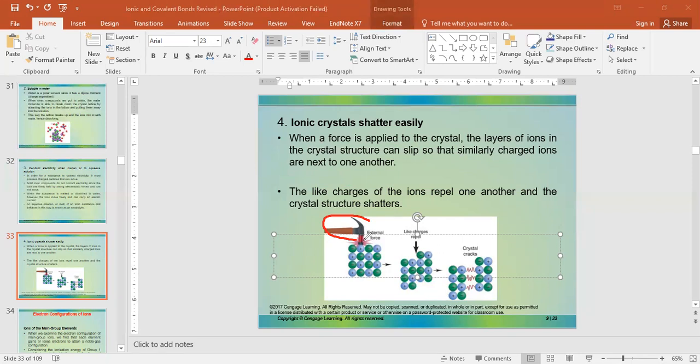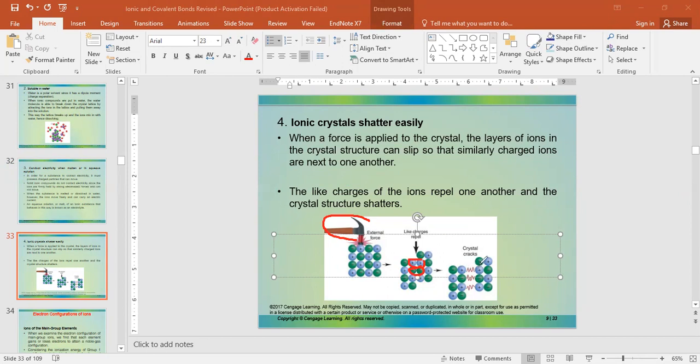So what happens then, you'll realize that we are trying to twist the structure so that these two positively charged particles are together, and these two negatively charged particles are together. A number of them are going to be aligned that way. And when this alignment happens, electrostatic forces of repulsion occur.